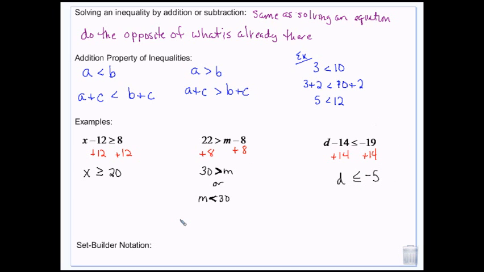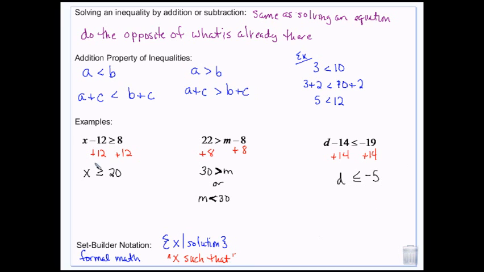Now, we talk about something called set builder notation. This is formal mathematics. For set builder notation, you put x or whatever letter you're using, a bar, and then your solution. This reads "x such that."